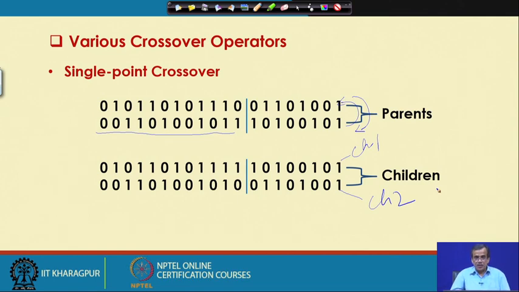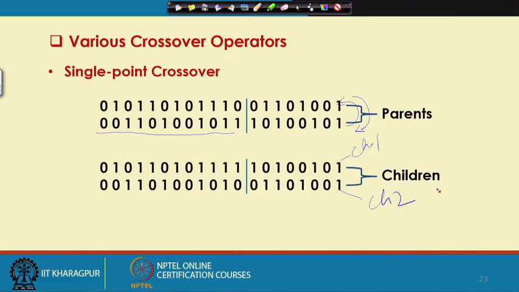Now, I just want to mention that if I keep the right hand side of the crossover site intact and do the swapping on the left hand side, I will be getting the same children solutions. The only thing is that child 1 might be child 2 and so on, but I will be getting the same set of two children.